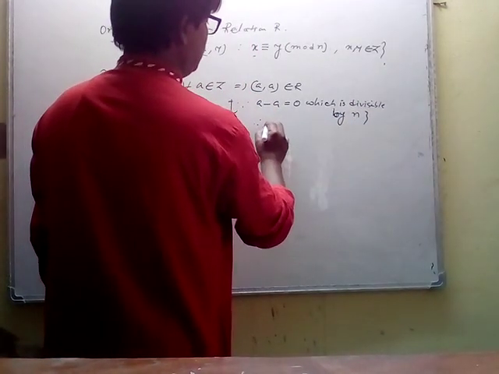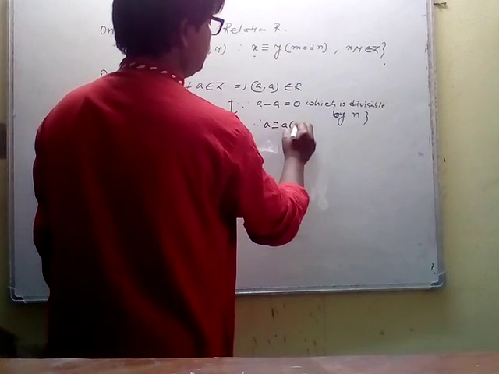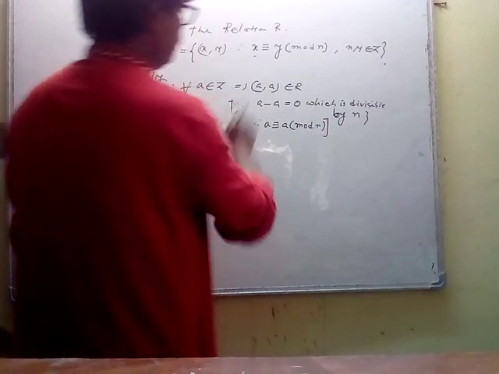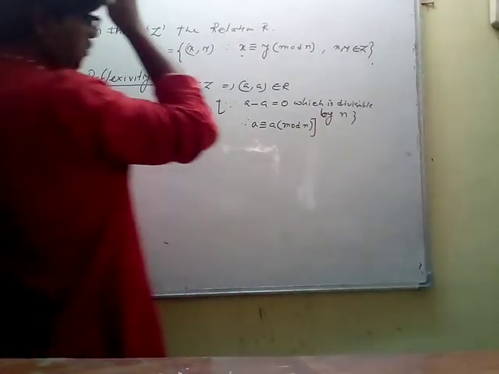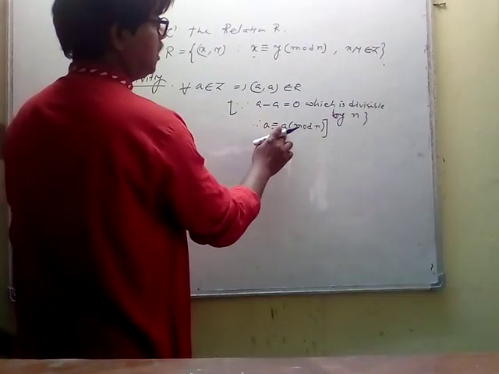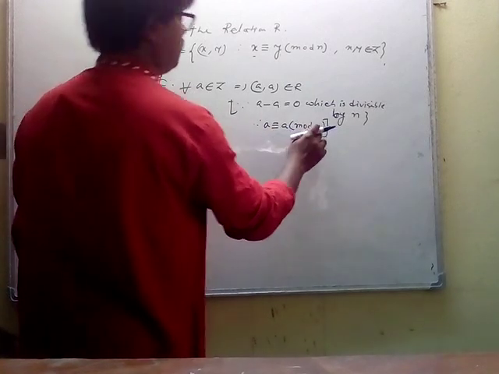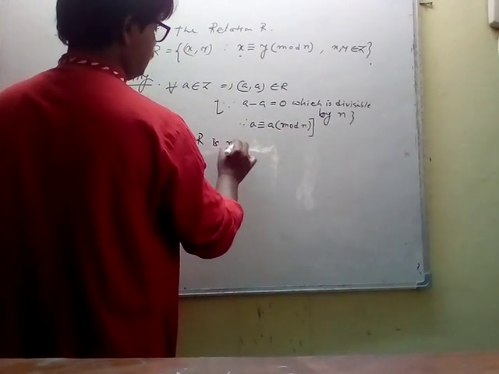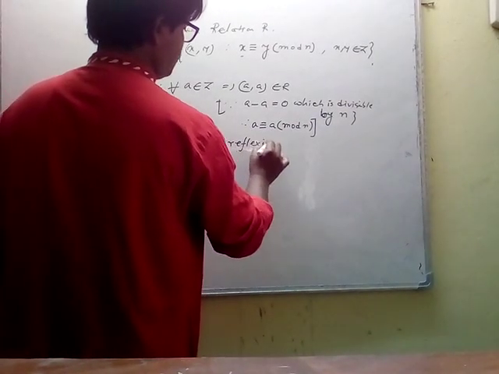Therefore, a is congruent to a modulo n. So a is related to a for every a belongs to Z. So R is reflexive.